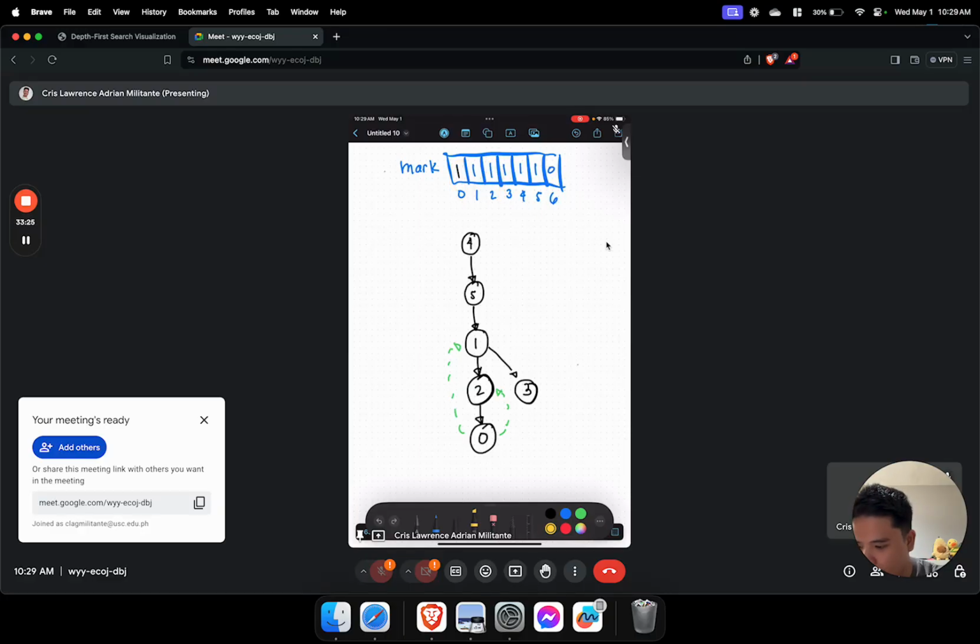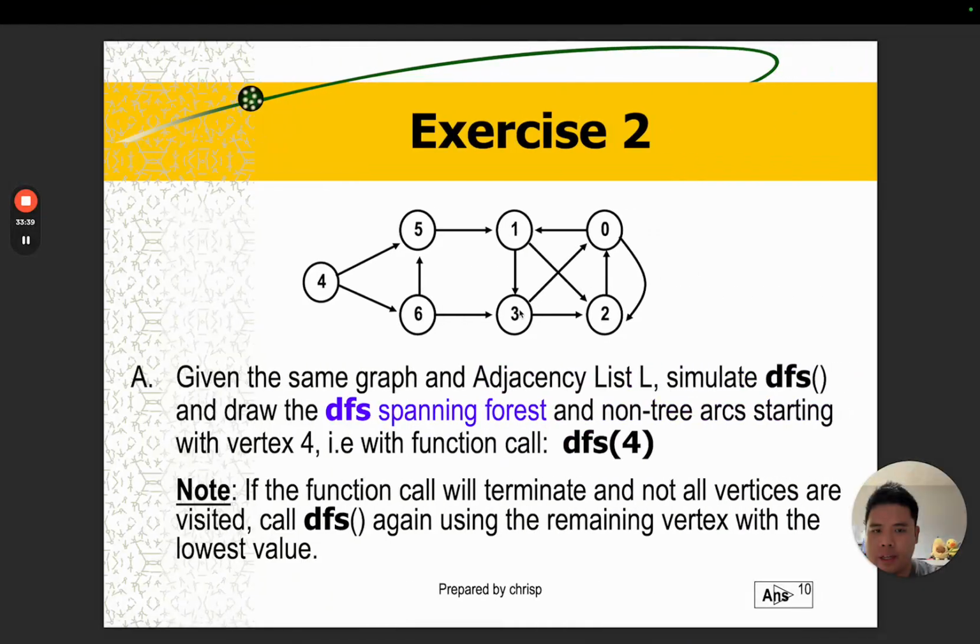So I need to draw an arc going from 3 to 2 and 3 to 0. And then I end my DFS.